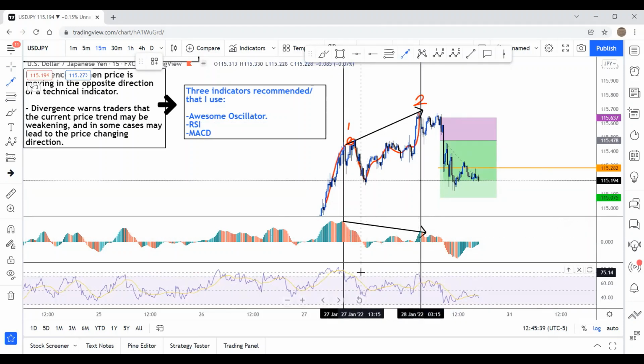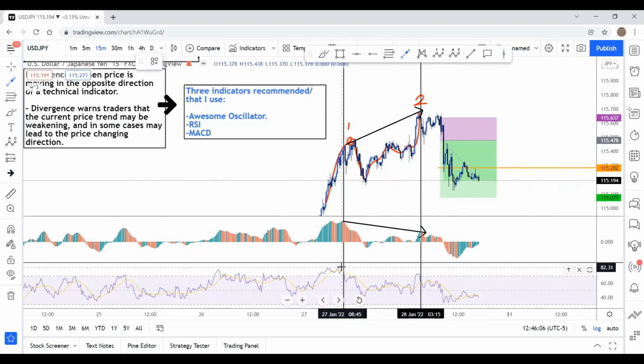The RSI is actually really good as well because it can tell you when price is overbought or oversold. Even though there's no real such thing as price being overbought or oversold, it gives you an idea when price basically needs to cool down, or it needs to start building back momentum. So over here we see the RSI is over 75.